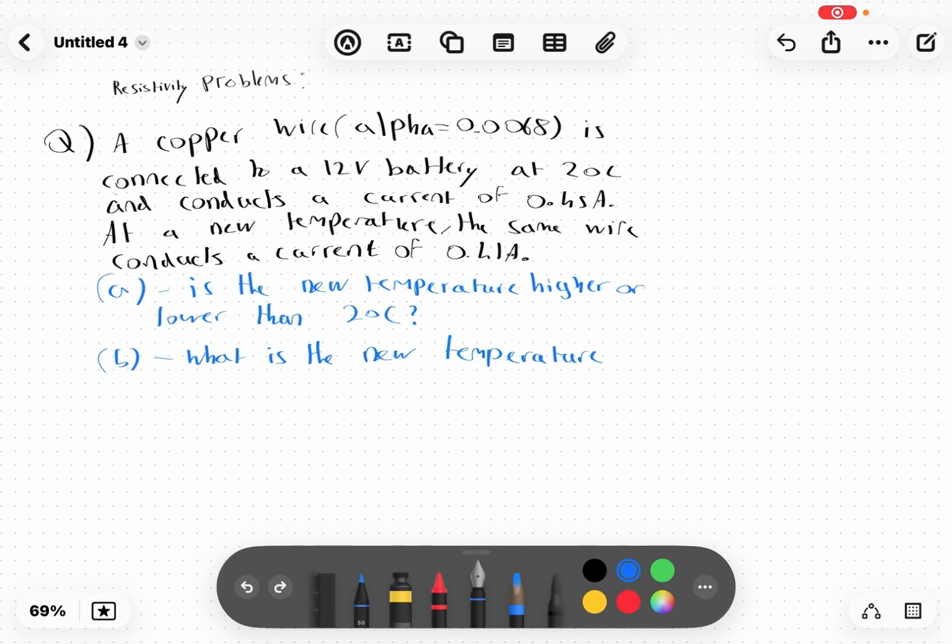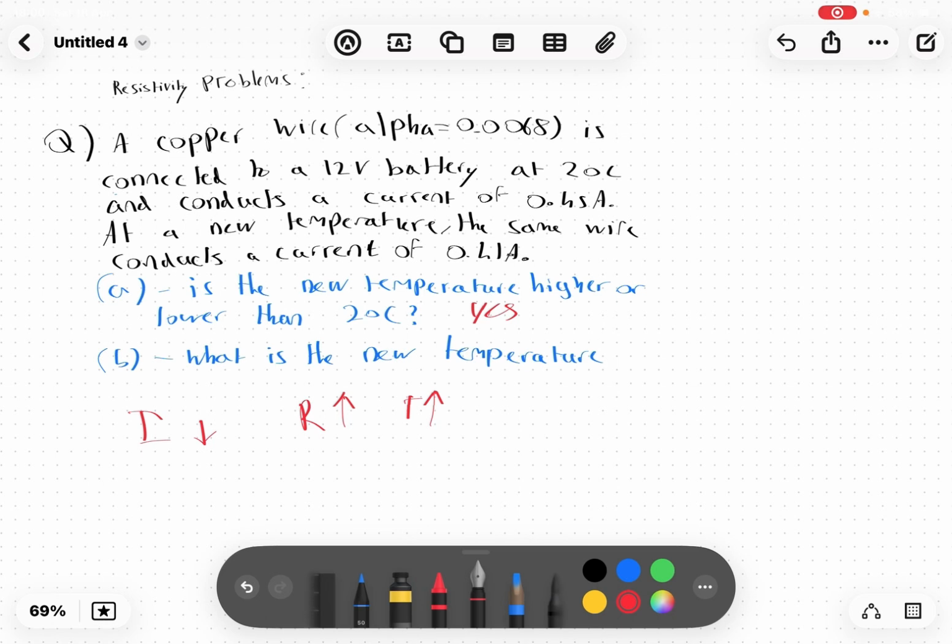That's our first question. So let's think logically. The current decreased, which means the resistance increased. Copper is a metal. When do metals increase their resistance? When the temperature increases. So the answer to this is higher.